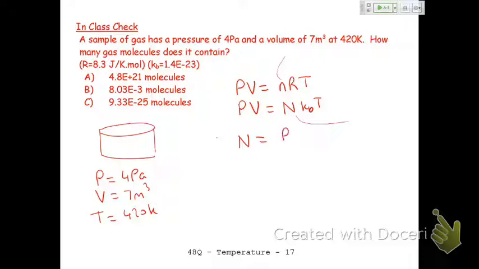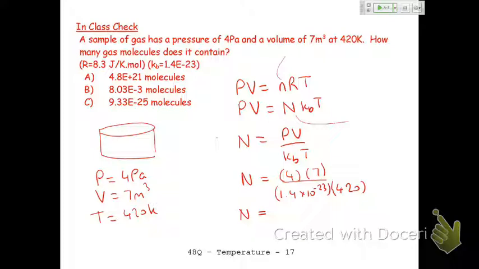N is equal to PV over KB times T. So N is equal to P, 4, V, 7, KB. I gave you KB, 1.4 times 10 to the minus 23, times T. I even gave you it in the right units, 420.